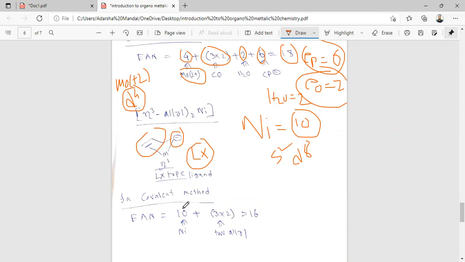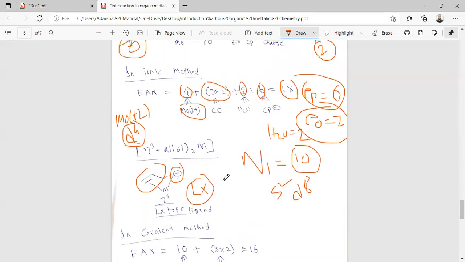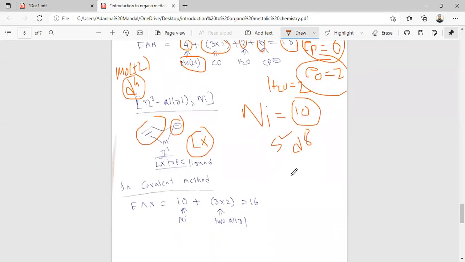So first we will count the electrons in the covalent method. For the covalent method, we have to identify the group number of nickel. The group number of nickel is 10, and here this ligand is LX type.